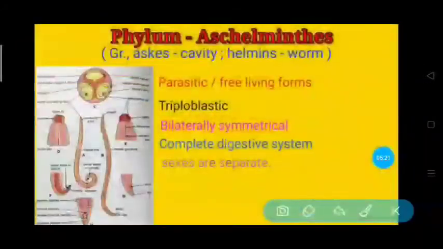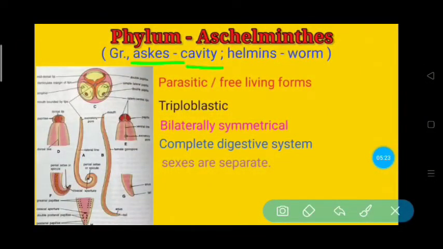This is also a Greek word. Ascus means cavity, helminth means worm. The worms having a cavity inside their body are grouped into Aschelminthes. These are parasitic, some are free living. Parasitic organism means the organism which lives on or depends on another organism for its survival.